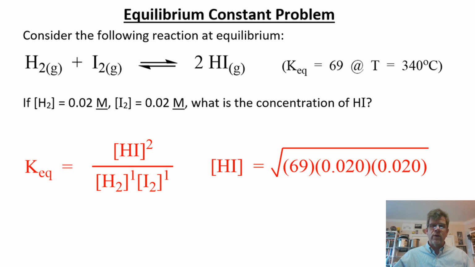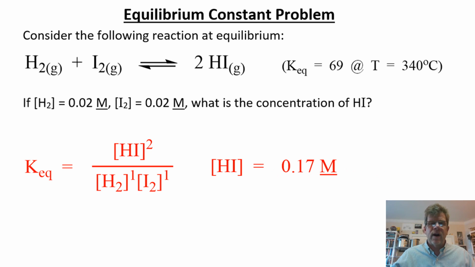Once we do that, we carry out the operations in the parentheses, take the square root, and ultimately end up with our number. The concentration of HI is 0.17 molar. Full stop.